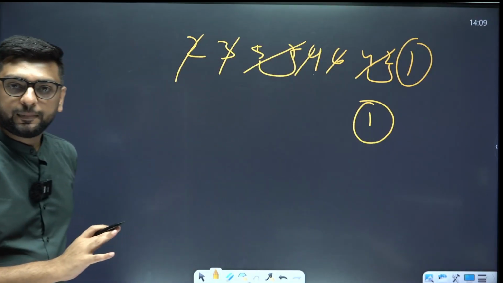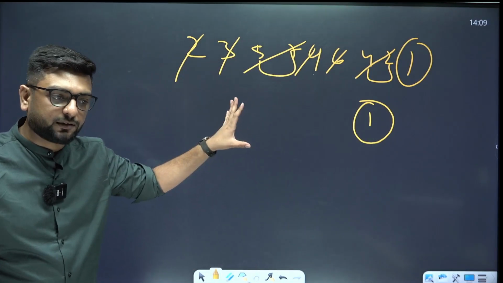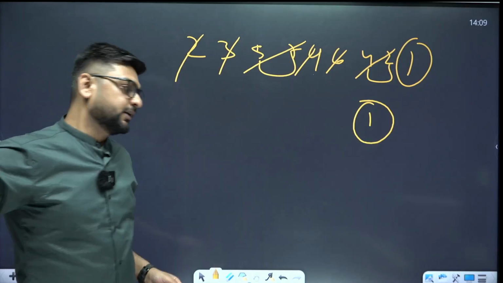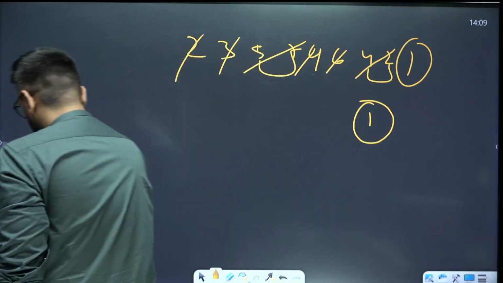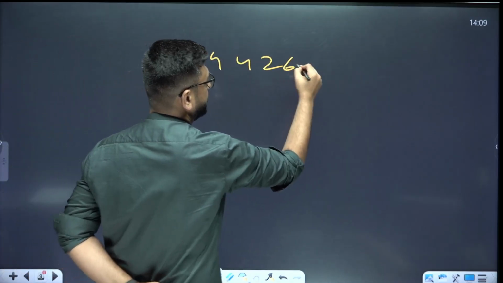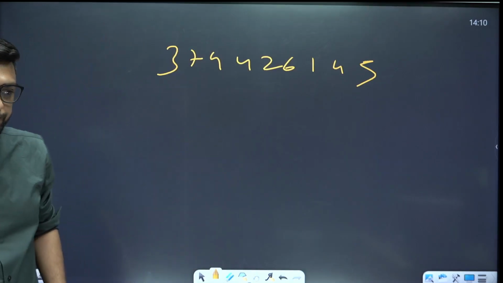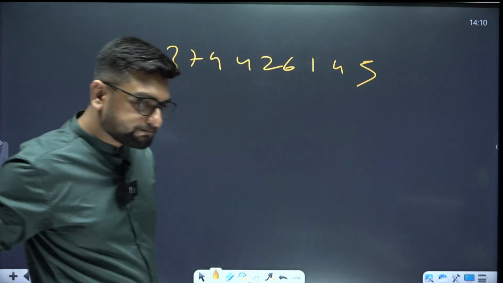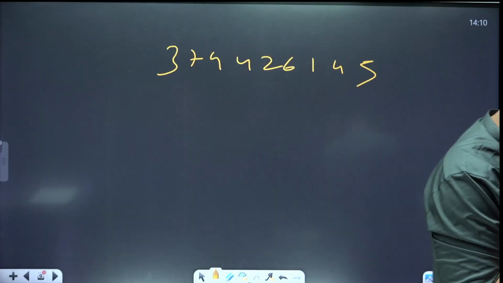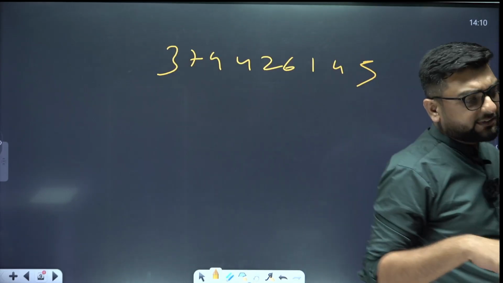Clear? किसी को नहीं समझ में आया, they can ask. All right? Chalo. Do this one. 3, 7, 9, 4, 2, 3, 2, 6, 1, 4, 5. Do it fast. Yeah, just divide it by 3.